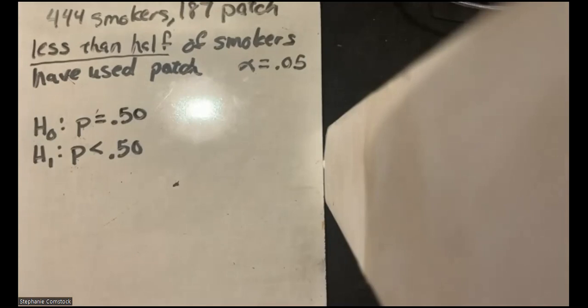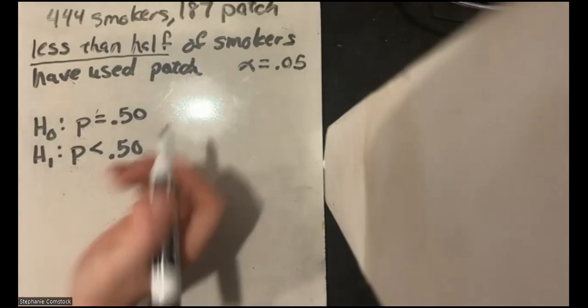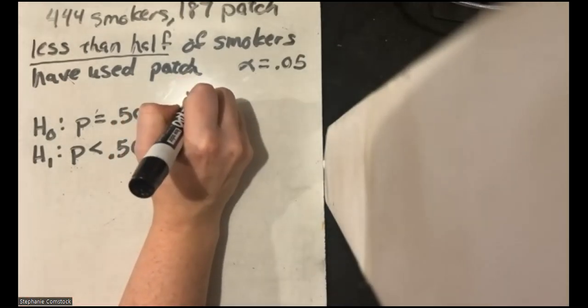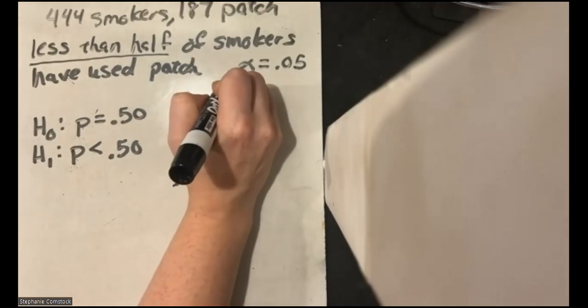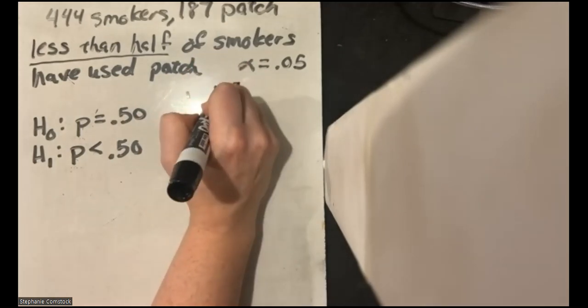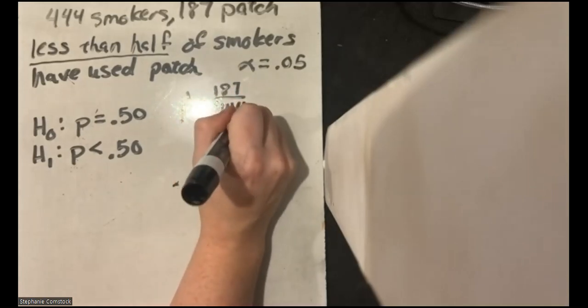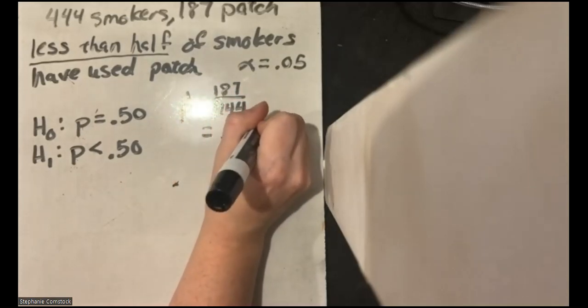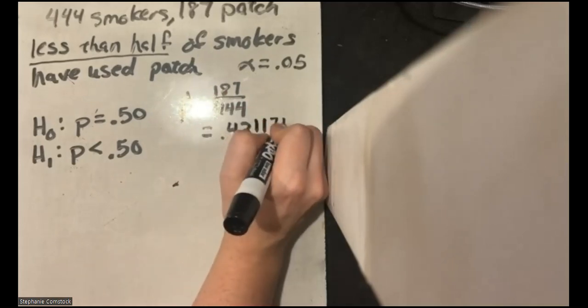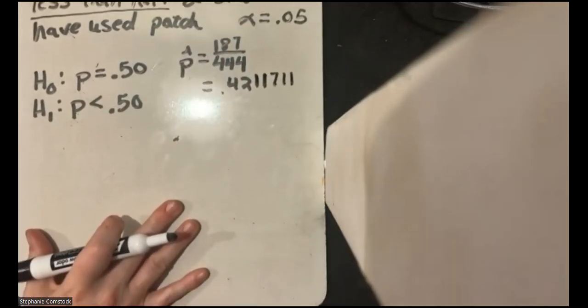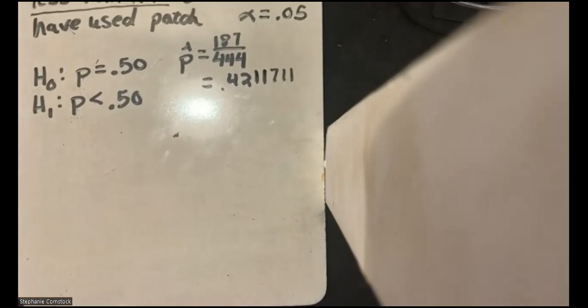Now the next thing is I need to find p hat. That is going to be 187 out of 444, which is 0.4211711. I'm running a lot of decimal places there, so we'll pull that up so you can see.